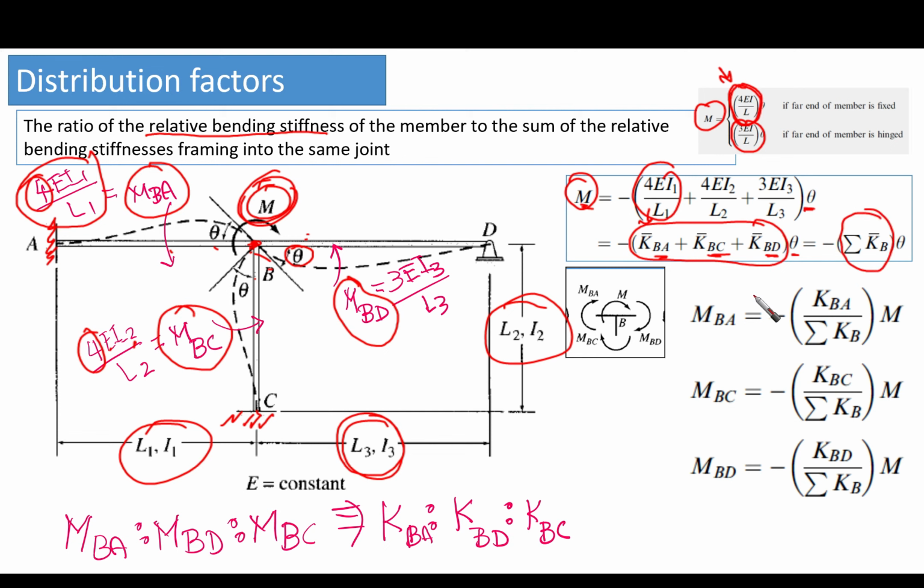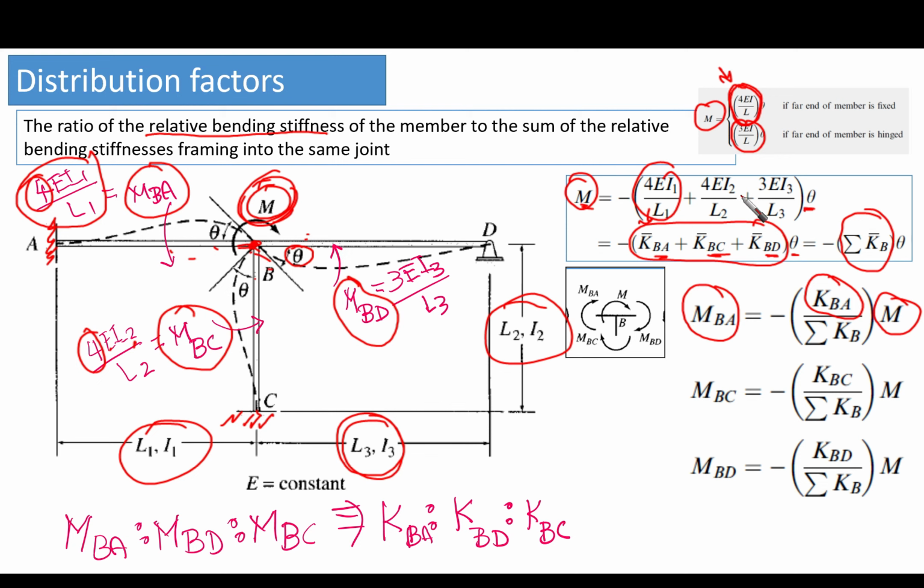So now, if I want to have the fraction of MBA with respect to M, I want to know how much MBA is going to resist from M. It is going to be simply KBA, which is 4EI1 over L1, over the summation of all stiffnesses around this point B. We have 3 stiffnesses here, right?